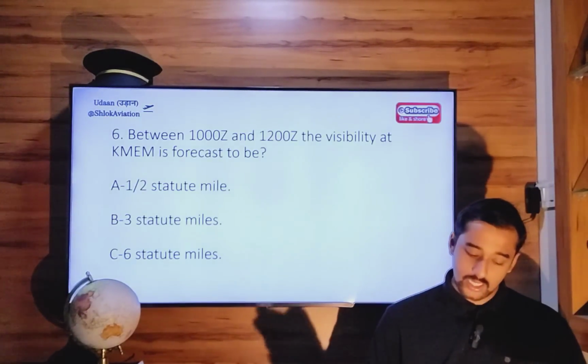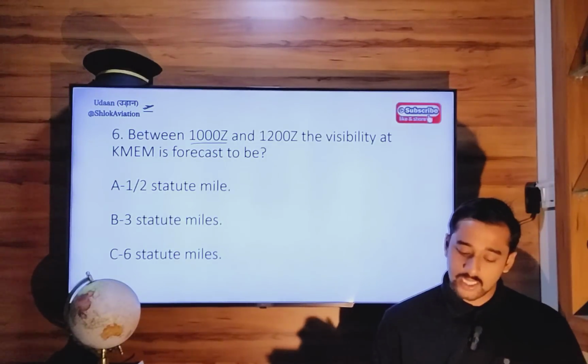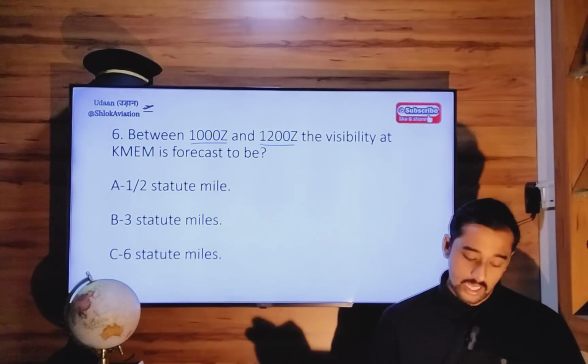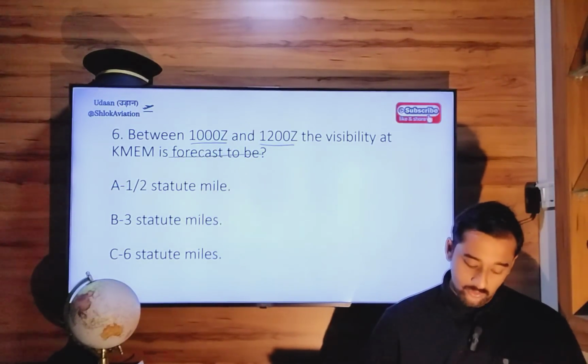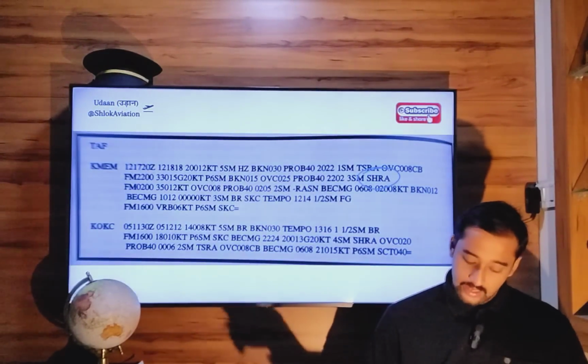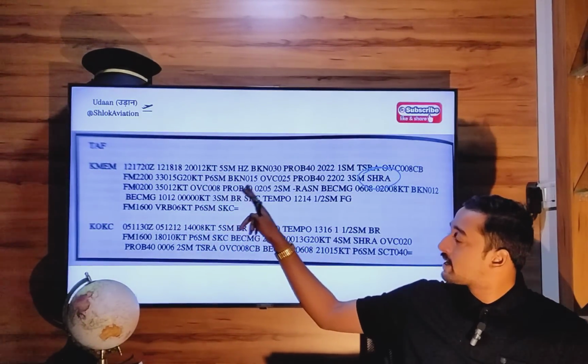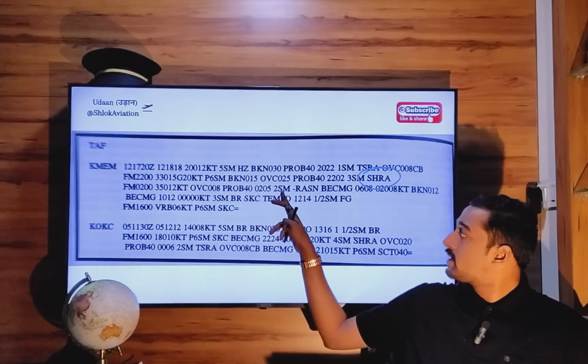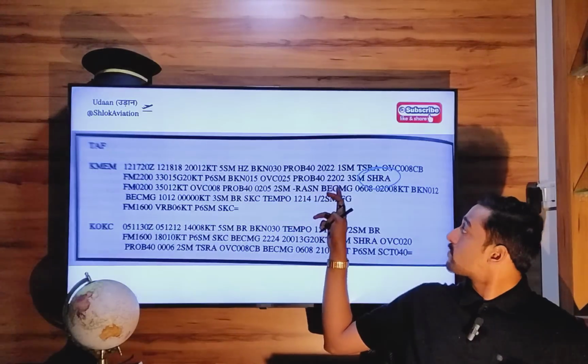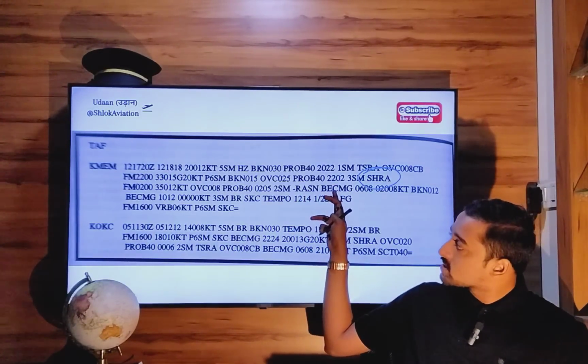Next, question 6. Between 10 o'clock UTC time and 12 o'clock UTC time, the visibility is forecast to be what? So look here. From 2 o'clock, these are the winds, clouds, probability this time, again visibility, again other weather conditions.